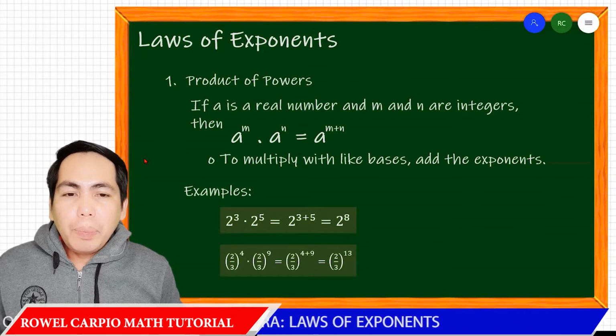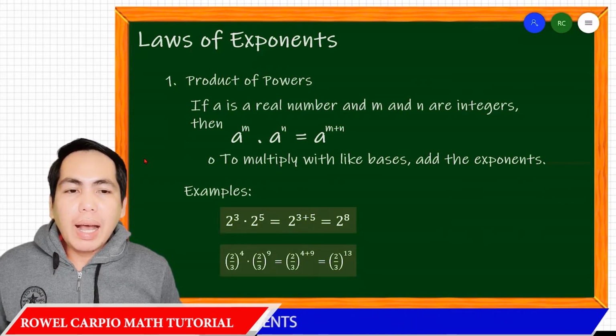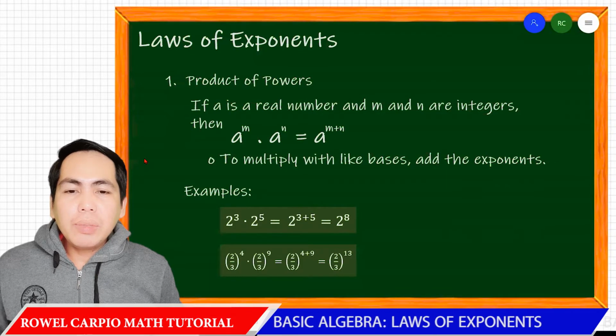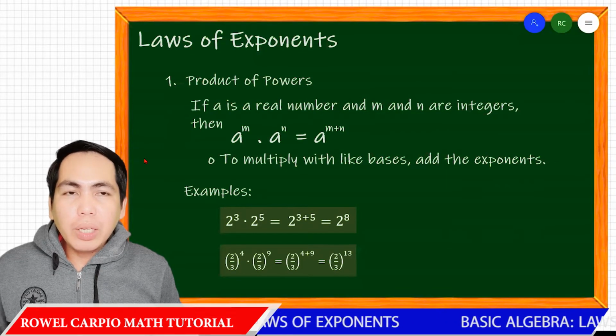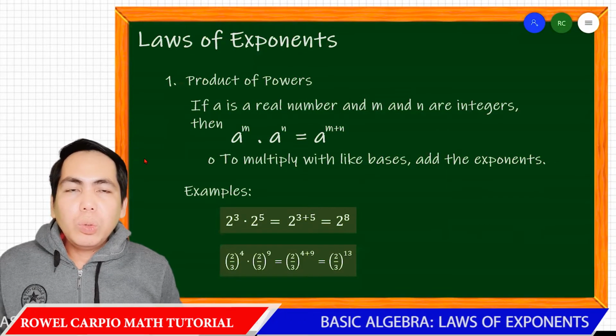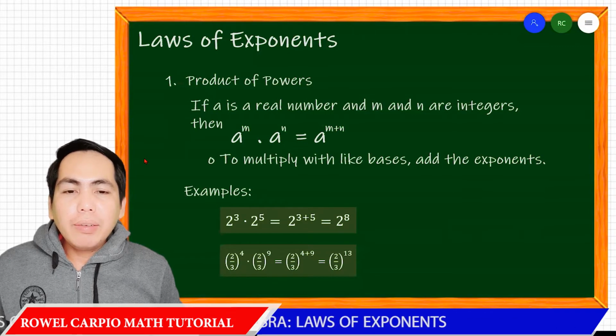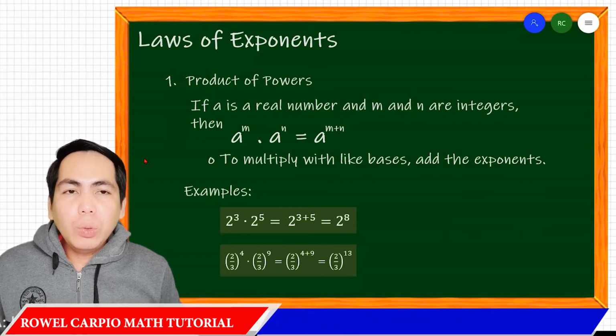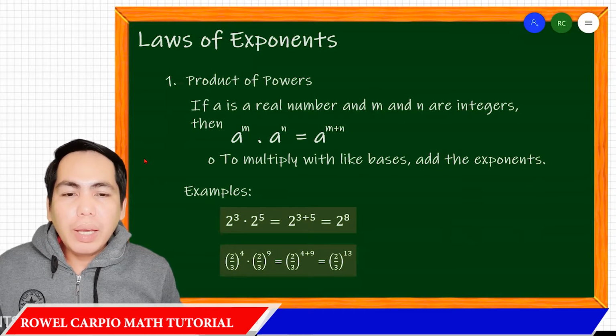So to multiply with like bases, add the exponents. For example, 2 to the third power times 2 to the fifth power is equal to 2 to the power of 3 plus 5, which is equivalent to 2 raised to the power of 8.